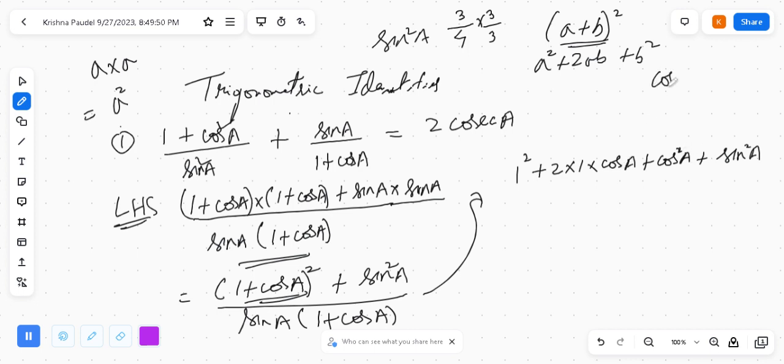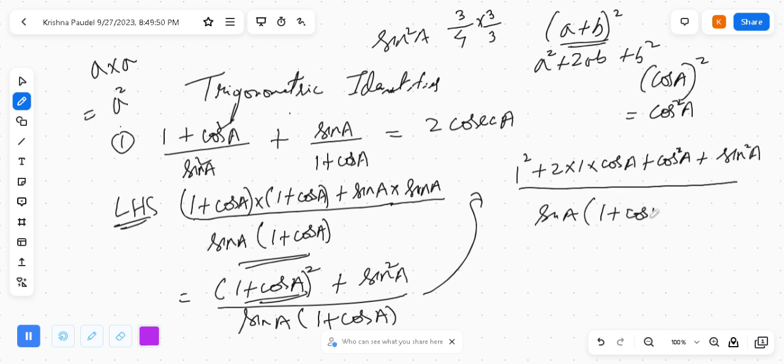I'm not writing this step, actually this should be the step, b square. Then the next step will be cos square A. We don't write square on top of the A because A is the angle. We write square on top of the ratio, which is cos. Okay, divided by sine A into 1 plus cos A.